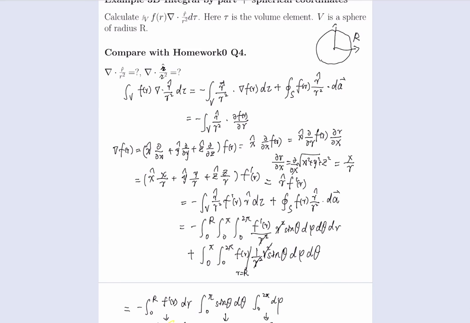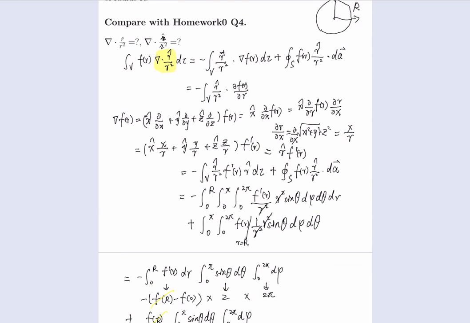So here, if we look at this gradient applying on this R hat over R square, we actually already worked this out in question 4 of the homework problem. So if some of you have already done the homework, then you might be already familiar with that.